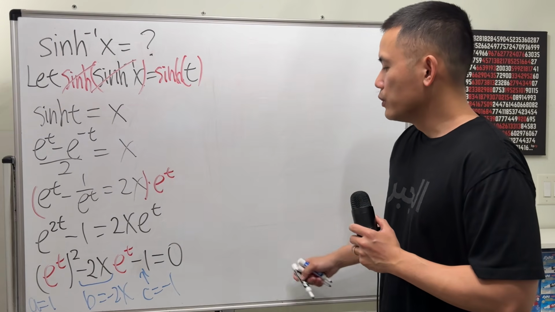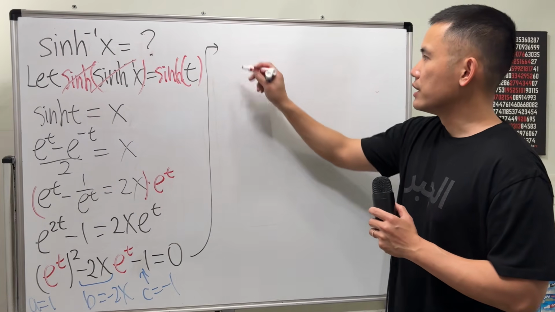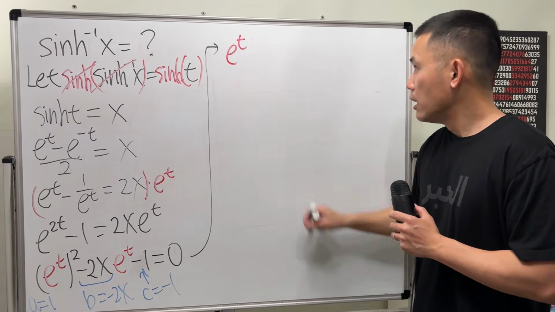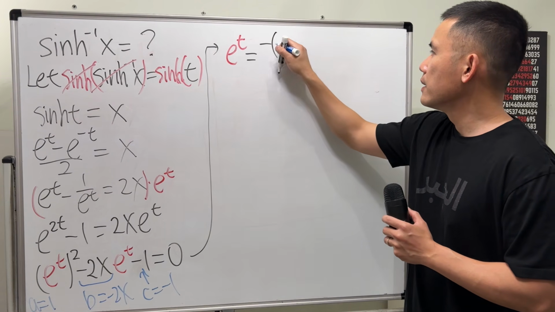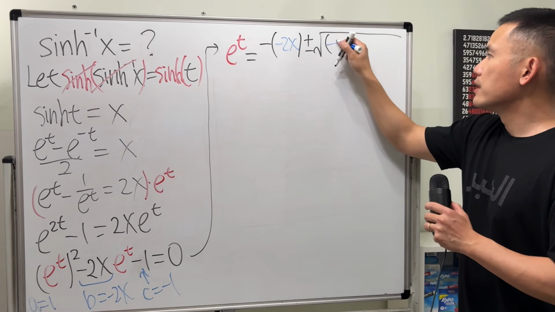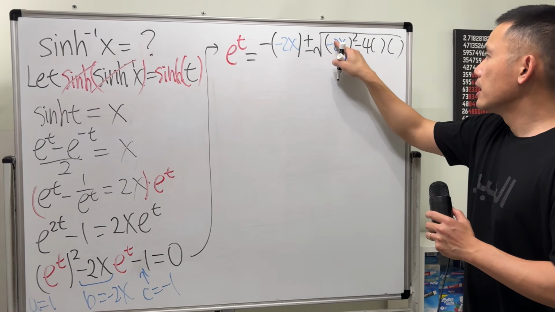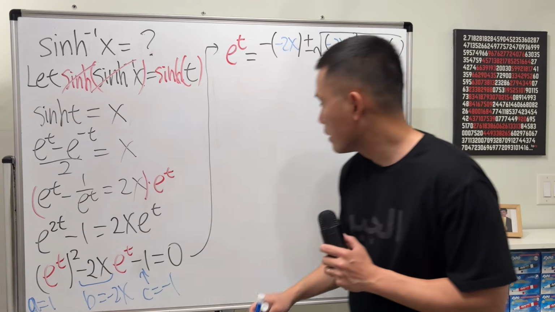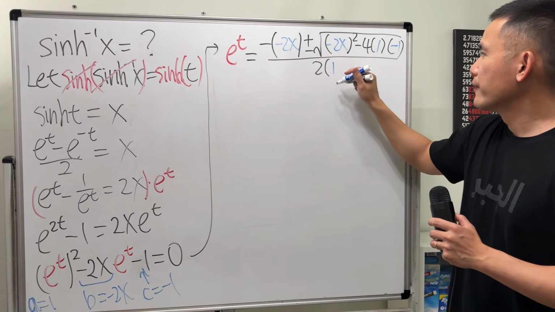So, when we use the quadratic formula, remember the input is e to the t, that will be equal to negative b, which is the negative 2x right over there, plus or minus the square root of b squared minus 4ac. A is 1 and c is negative 1, all over 2 times a.